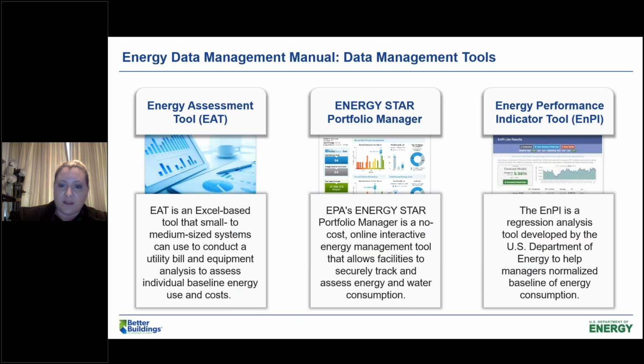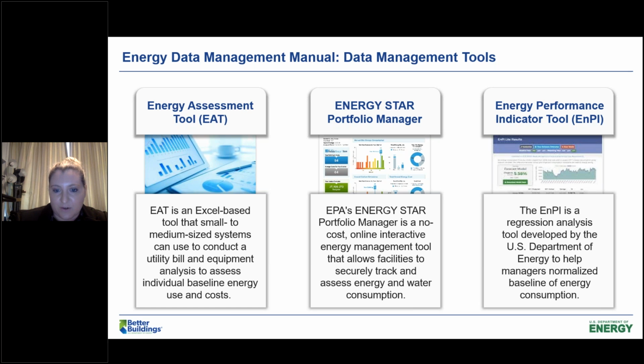Okay, and so to go into these a little bit deeper, again, the manual will highlight these 3 tools and go into details. And so the Energy Assessment tool and the Energy Star Portfolio Manager, both EPA tools. EAT is an Excel-based tool, typically geared towards small to medium-sized systems. And then the Portfolio Manager is an online tool.